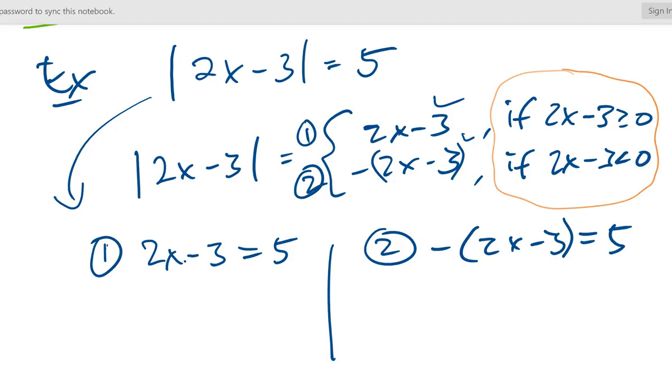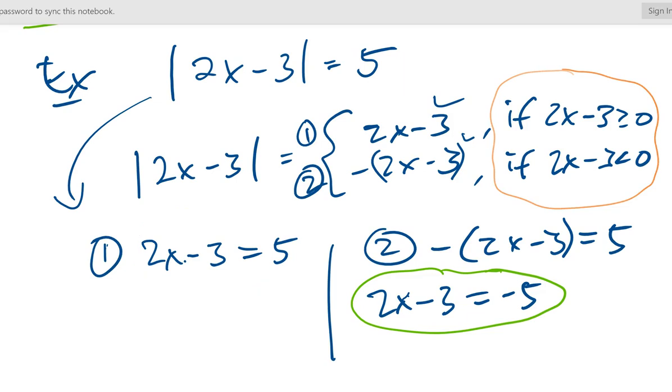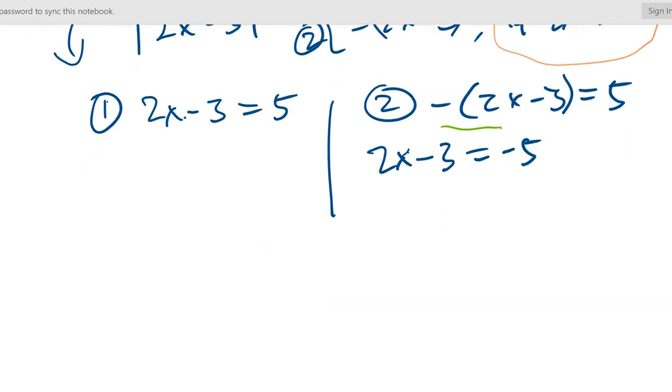Now on the one on the right here, we can multiply both sides by a negative and make this 2x minus 3 equals negative 5. So you have two equations, this one on the left and this one on the right. This is normally where a book that you're reading may start the problem. The reason I use case 1 and case 2 is going to become apparent in a little bit.